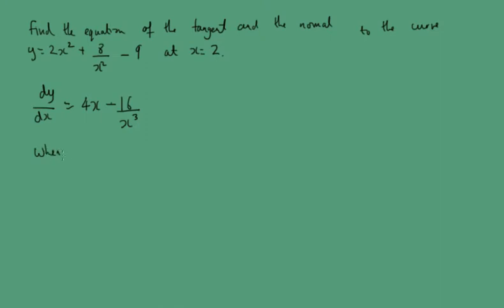When x equals 2, we can get the y coordinate. y equals 2 times 2 squared plus 8 over 2 squared minus 9, which equals 1, and dy by dx equals 4 times 2 minus 16 over 2 cubed, and that will equal, oh no, not minus 6, just 6.